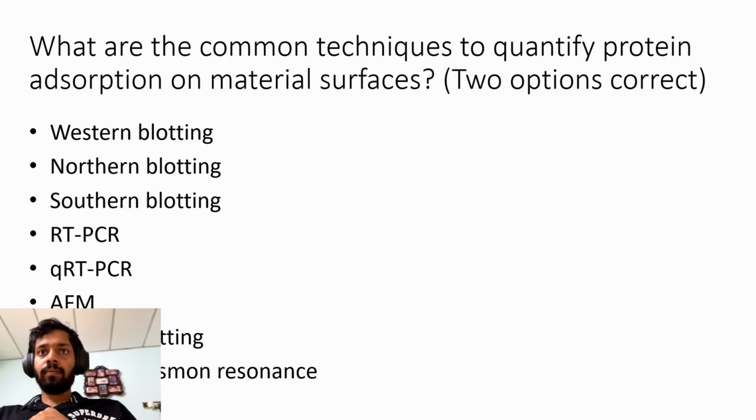What would you use to quantify protein adsorption on material surfaces? Western blotting. That's one way to quantify proteins present. And can you guess the other one?